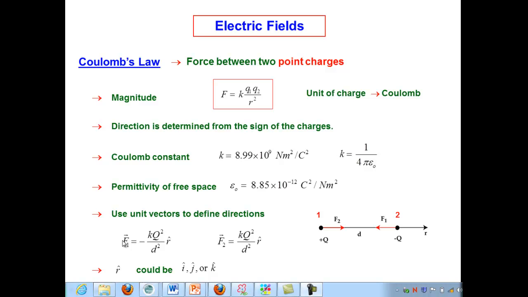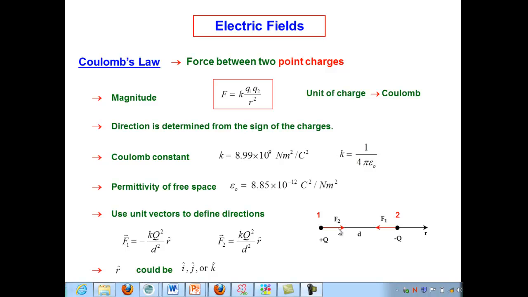So this force has magnitude KQ squared over d squared, but it has direction minus r hat. Let me again emphasize that I'm not plugging in a minus sign for the charge in this equation. I'm taking the product of the magnitudes of those charges and then determining the direction of the force by remembering that opposite charges attract and like charges repel.